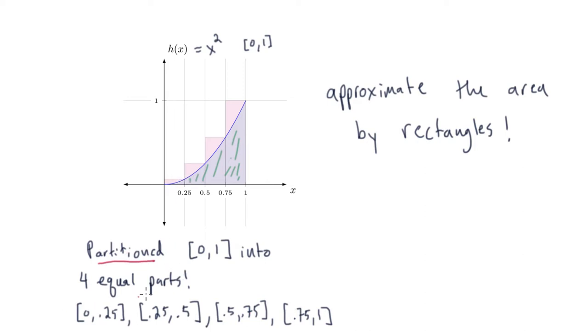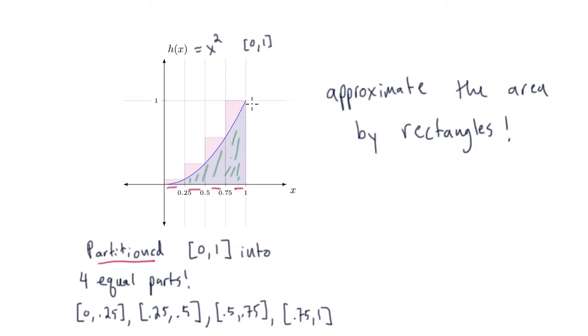I used equal parts so that each subinterval has the same width. They're each of length 1/4, or 0.25. Then I just need the height of each rectangle. So the base is 0.25 here, and here, and here, and here.